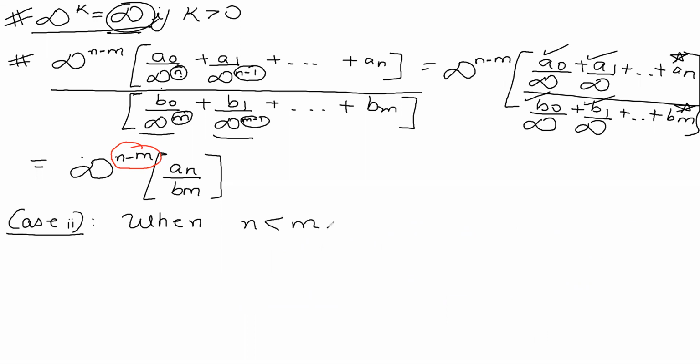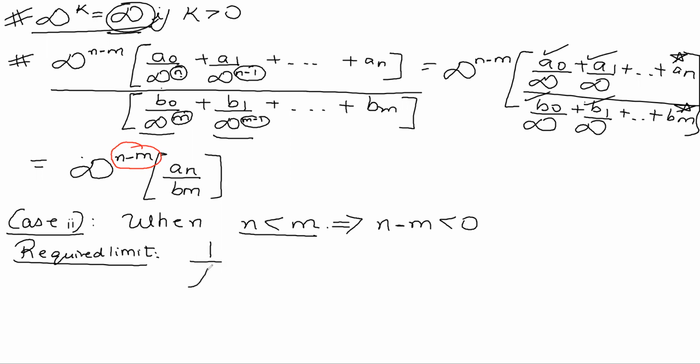Now all of us know, I am not writing it in words, but you know it. n less than m means the degree of the numerator is less than the degree of the polynomial in the denominator. Now in this case, guys, what will the required limit be? If n is less than m, it implies n minus m is negative. So infinity to any negative power becomes 1 upon infinity into an by bm.